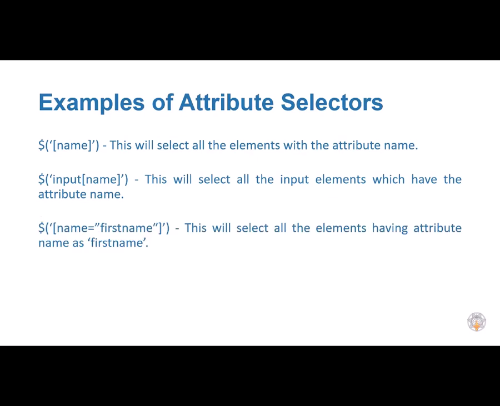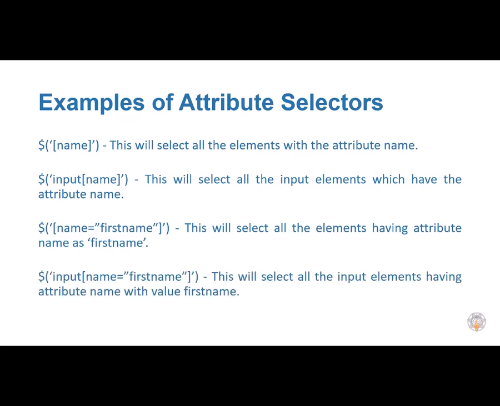The third selector will select all the elements having the attribute name as first name, while the last selector will select all the input elements having attribute name with the value as first name. While using attribute selectors, we have to use the single quotes and double quotes in the correct fashion, otherwise the attribute doesn't get selected as expected.